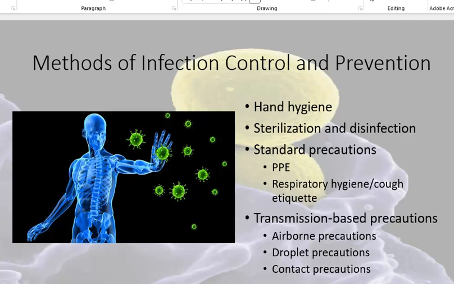Infection control programs role. The CDC recommends one certified infection control clinician for every 100 beds in acute care, one to oversee in long-term care.